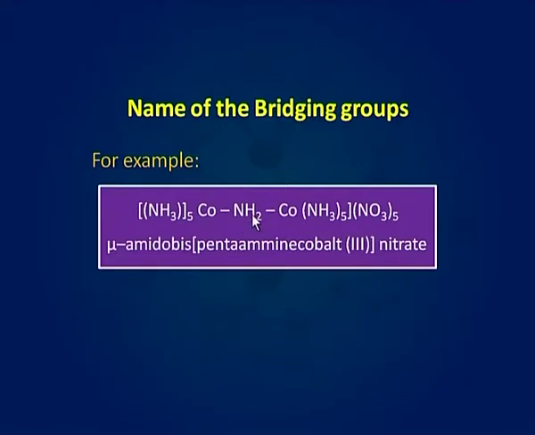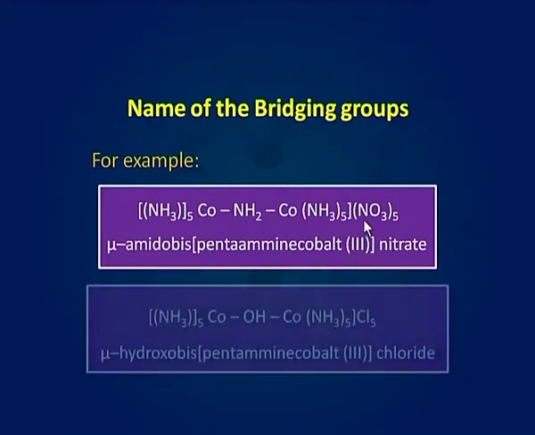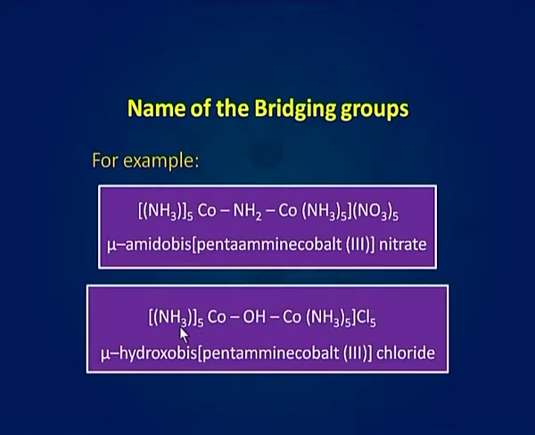Hence, the name of the complex will be mu-amido-bis(pentaamminecobalt(III)) nitrate. In this example, OH, that is hydroxo, is a bridging ligand. Hence, the name of the complex will be mu-hydroxo-bis(pentaamminecobalt(III)) chloride.